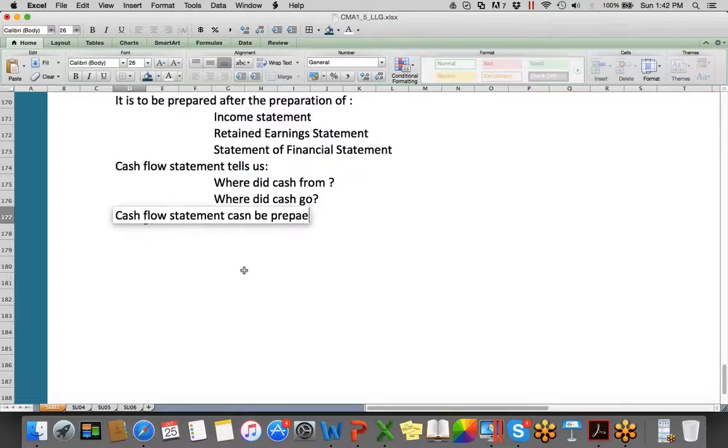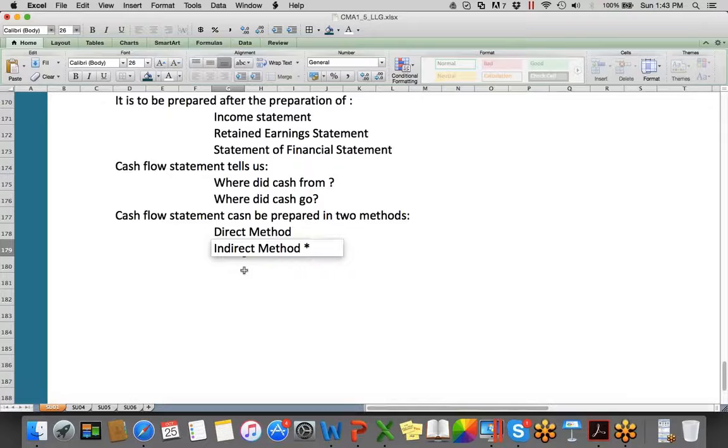A cash flow statement can be prepared in two methods. One, direct method; two, indirect method.